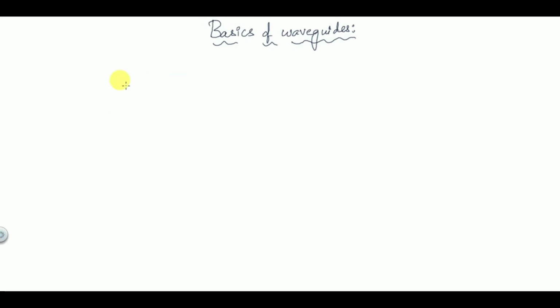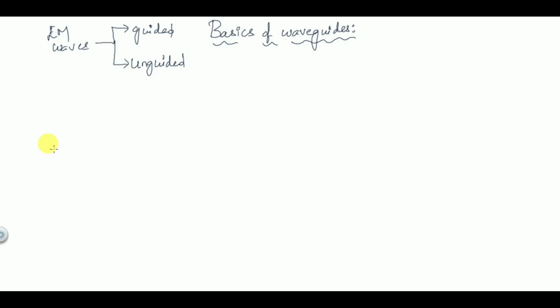Right, so what is a waveguide? Generally, EM waves are transmitted from one place to another in two modes. One is guided propagation, and the second is unguided propagation.